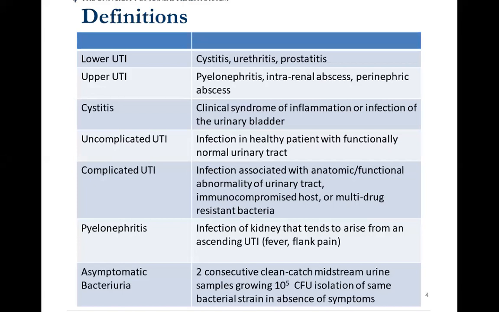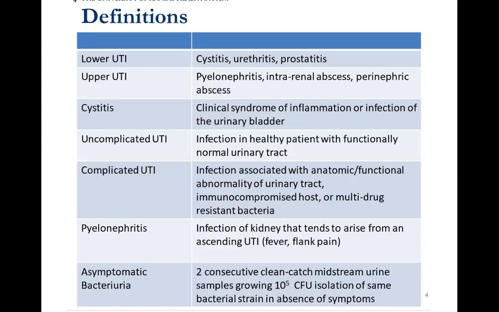So there is a slight issue with the terminology, but generally what you need to understand is, if somebody otherwise healthy gets a urinary tract infection, it's called uncomplicated UTI, whereas a complicated UTI is somebody getting a urinary tract infection in the presence of any other anatomical or functional abnormality in the urinary tract, or any other risk factors like immunocompromised state, multi-drug resistant bacteria, or any other issue which might complicate the infection. If somebody has any of those, then it is called a complicated UTI.